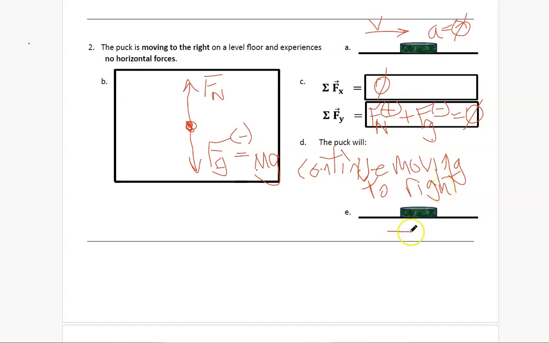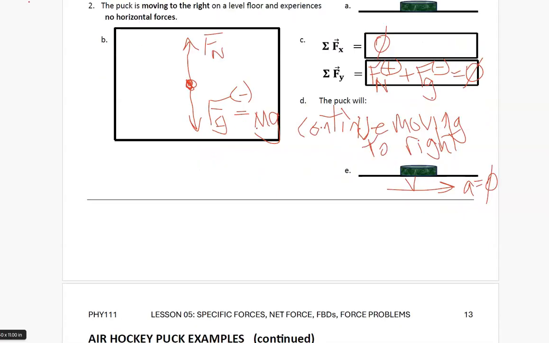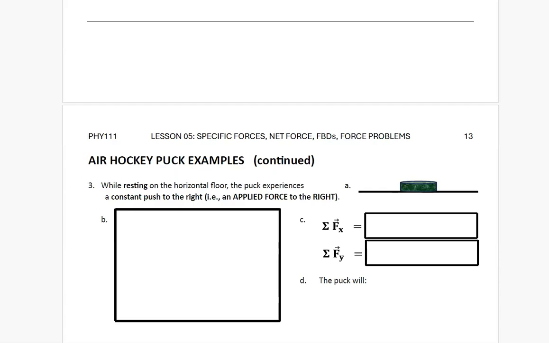And since I left off space, we'll just put that the velocity is still to the right and acceleration is still 0. If there are no net forces, there's no acceleration. Always, always, always. Okay, let's scroll on down to the next problem here.